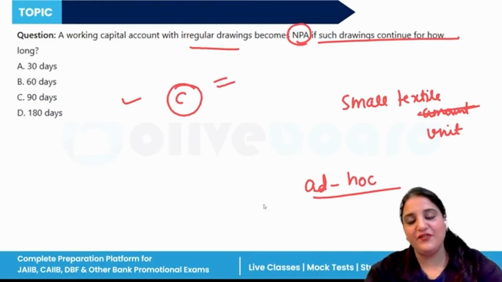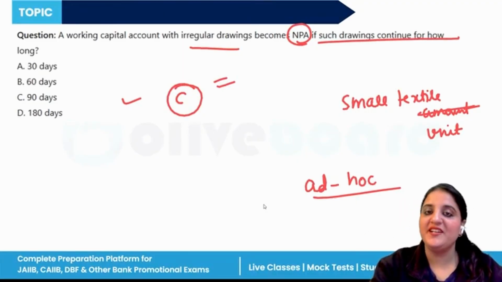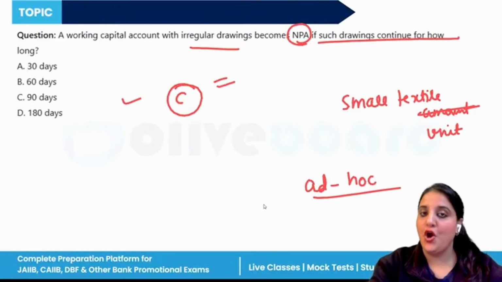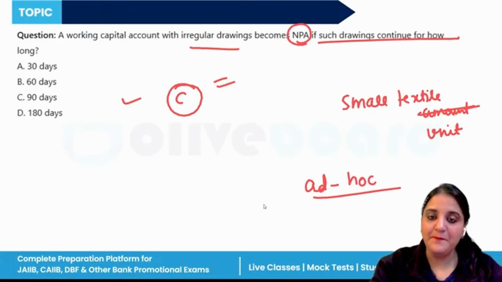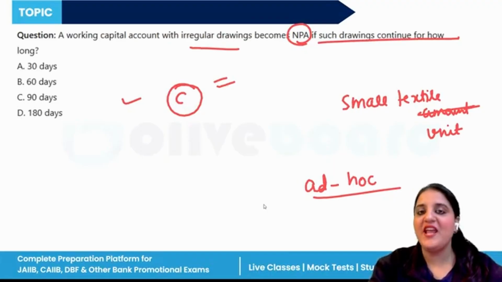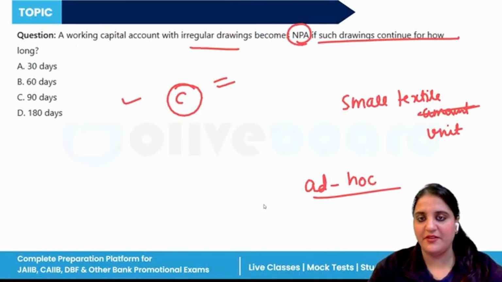So asset classification categorizes loans based on type and performance. Non-performing assets are where the loan stops generating income. Substandard assets are where NPA is equal to or less than 12 months. Recovery is possible. Doubtful assets are those where the loan is more than 12 months, with uncertain recovery.